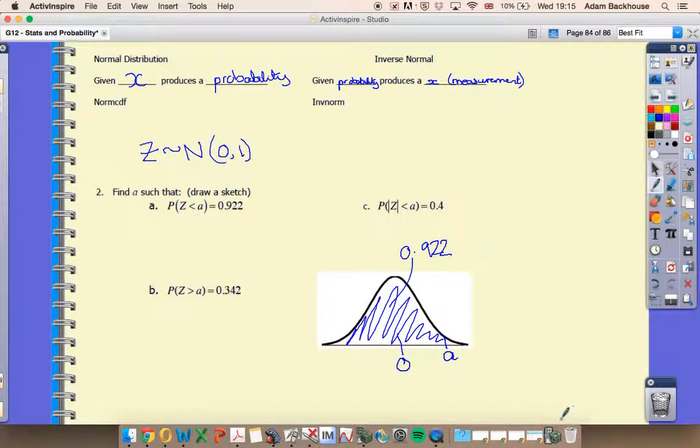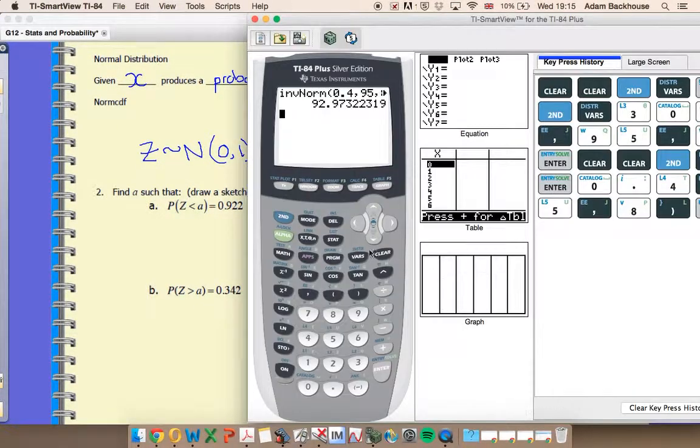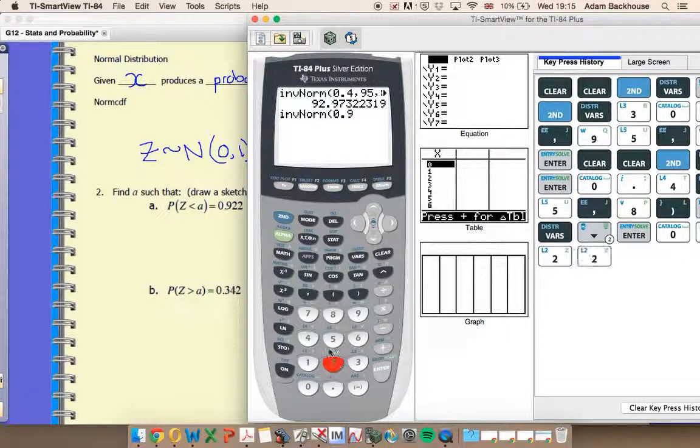So I can just go to my calculator. Once again, apologies that this looks slightly different to yours. Yours is much easier to use. Your first menu is the area. We know that the probability is 0.922. We know our mean is 0 and our standard deviation is 1.